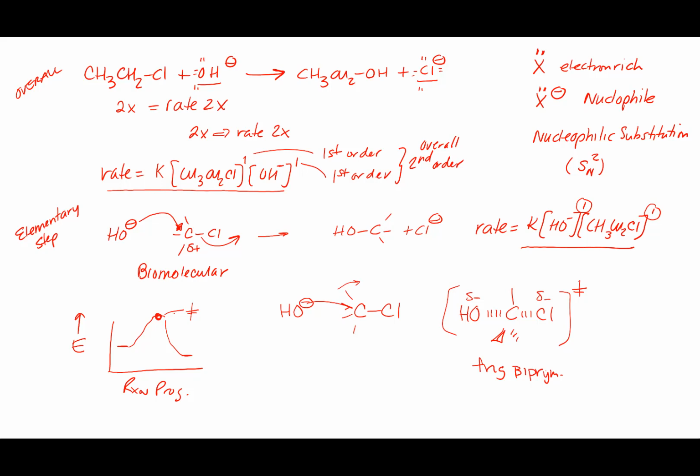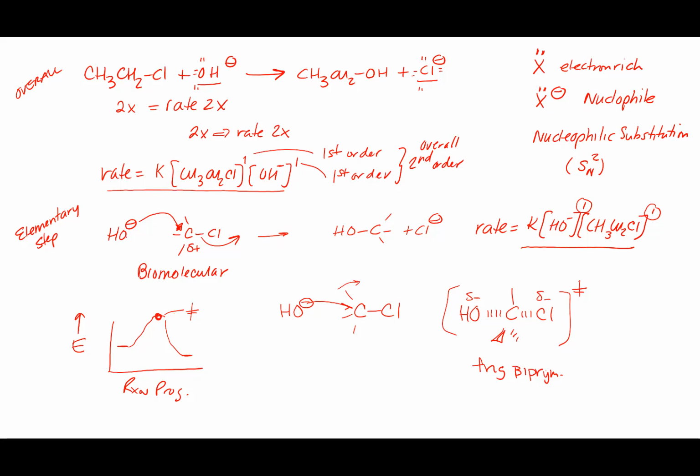So whenever we write a transition state, what we're doing is we're showing what bonds are being broken, what bonds are being made, and if there's any charges, we're averaging out the charges between the reactant and the product of that step.